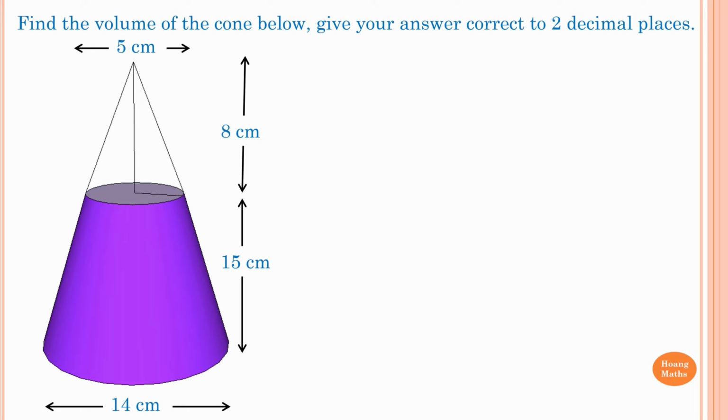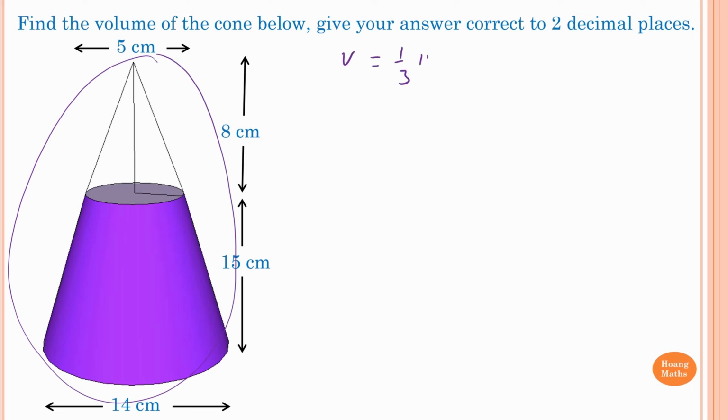So we need to find the larger volume first. The larger volume is the whole lot here. Volume equals 1 over 3 pi r squared h. And the radius is half of 14, from here to here, which is 7 centimeters. So 1 over 3 pi times 7 squared times the height. 15 is just from here to here, so all the way up you add another 8.